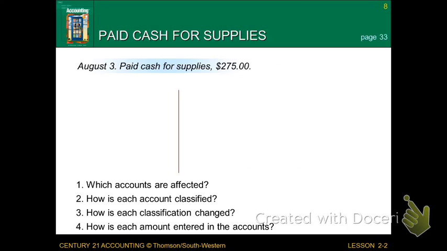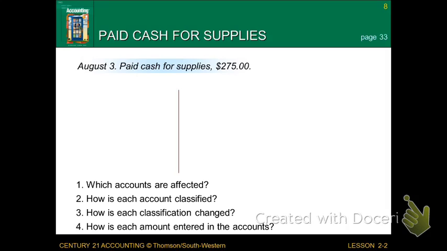In our next transaction, we have paid cash for supplies for $275. Both of these happen to be assets, so they're both going to operate the same way. For cash to be paid, we know that would be a credit, since that's a decrease to an asset. Supplies, on the other hand, would increase, and that increases as a debit.